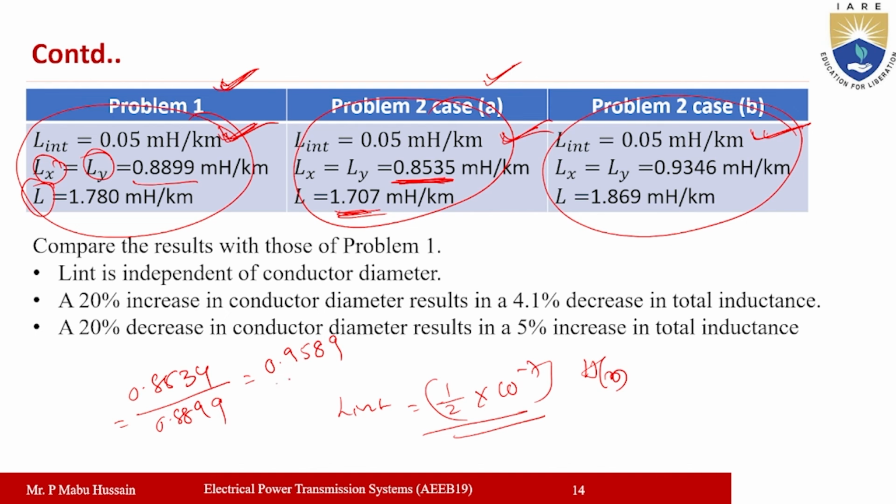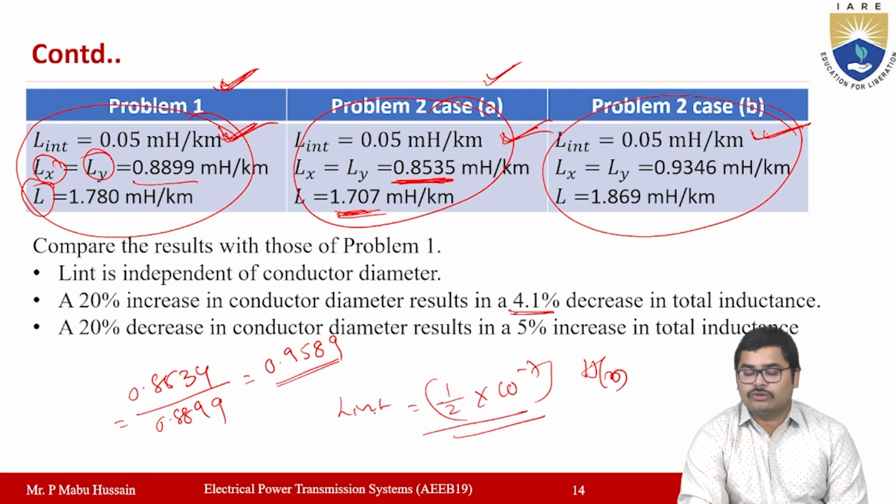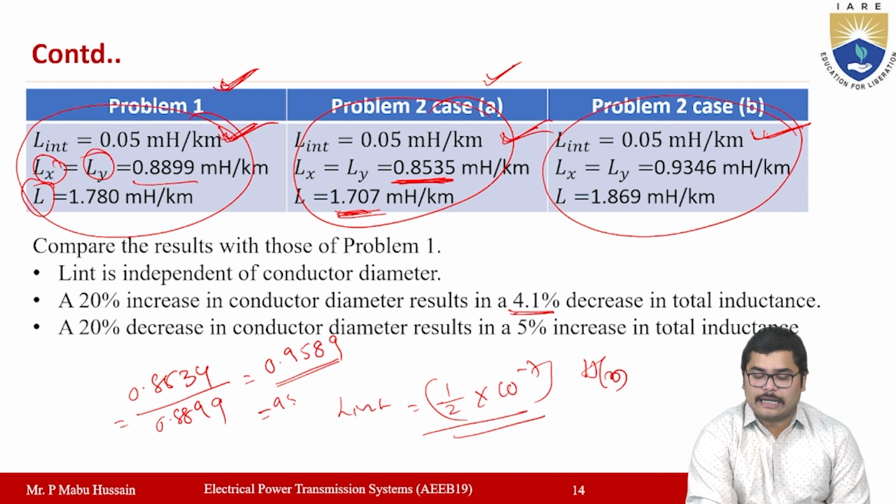That means the inductance decreased by 4.1% by increasing the conductor diameter by 20%. In percentage, you can write 95.9%, so the decrease in inductance value will be 4.1%.